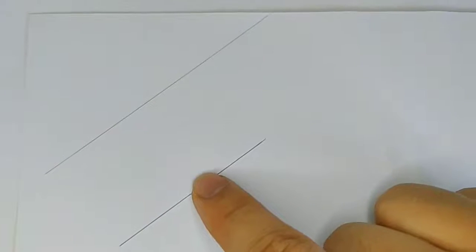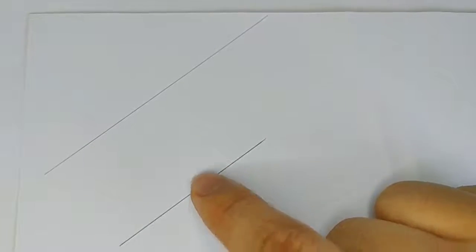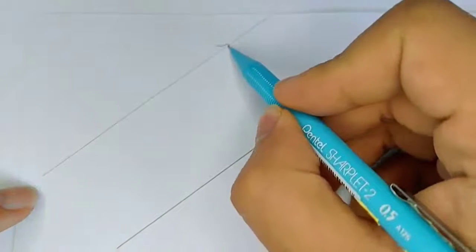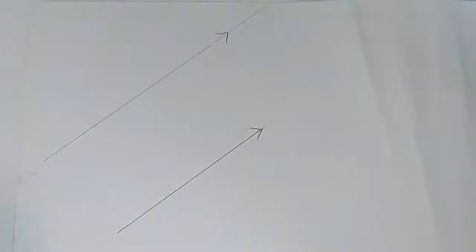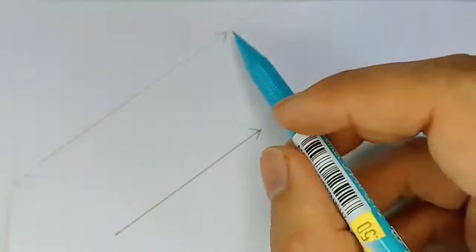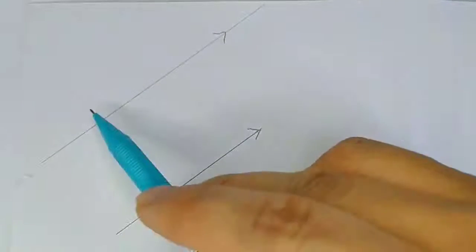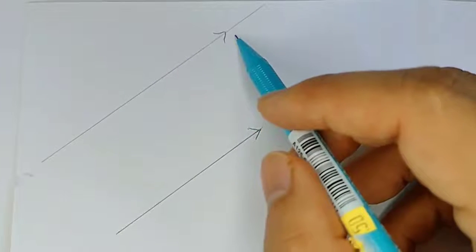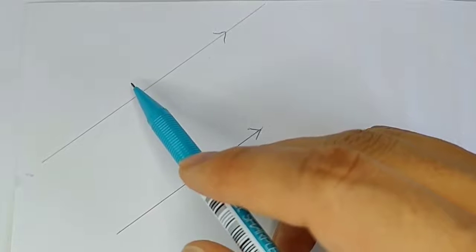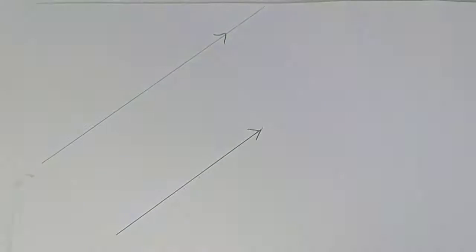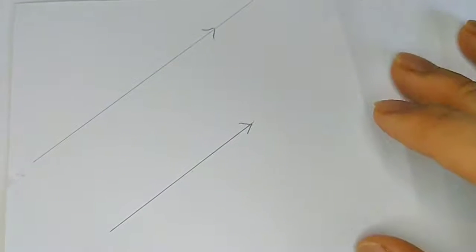Okay, here's another example for you. We have two lines which are parallel to each other, but different in length. This one is a little longer than this one. Can we find the locus line for both lines?